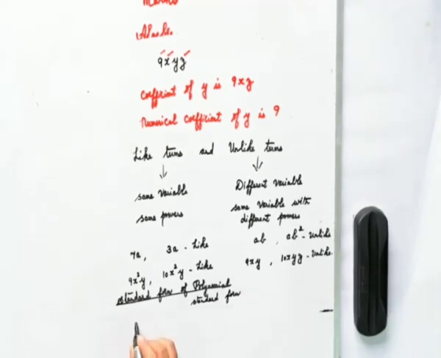I will give an example now. 9x power 4, 8x cube, 7x squared, 6x plus 3. See the powers of the variable x now. Here the power is 4, here the power is 3, here the power is 2, here the power is 1, and this is the constant. So this polynomial is in decreasing powers of x. So the polynomial is in standard form.